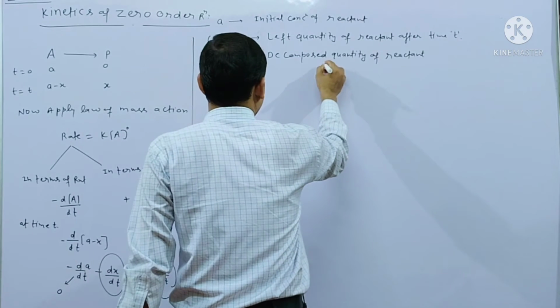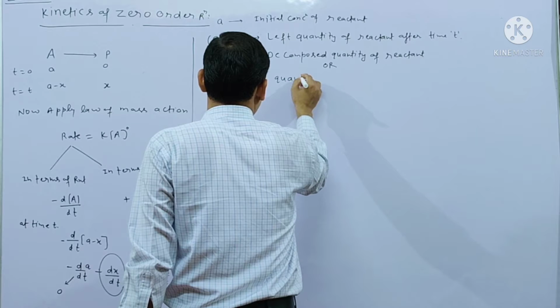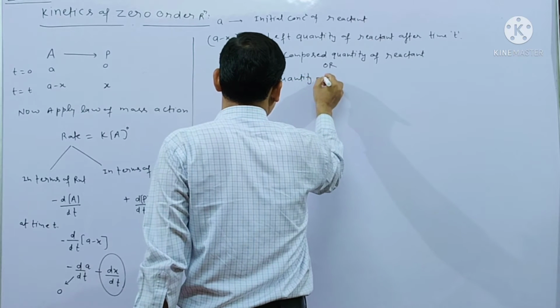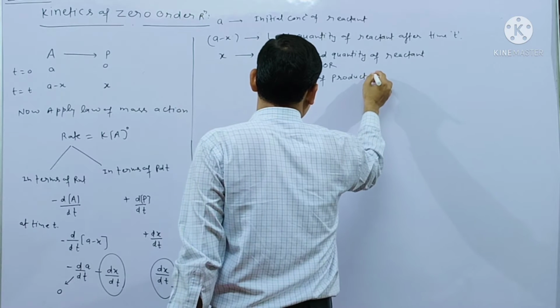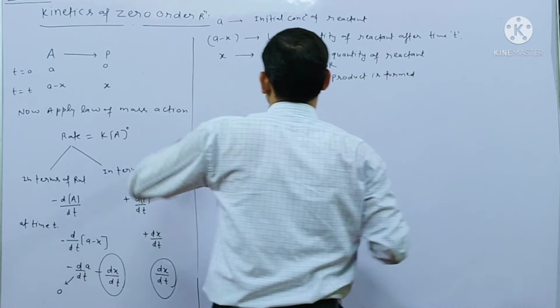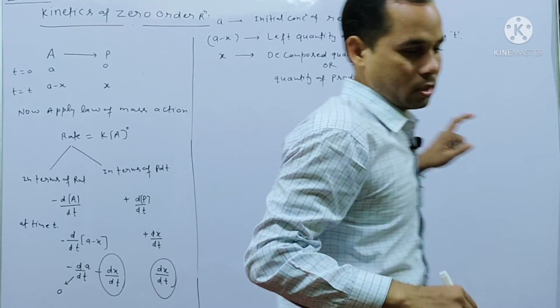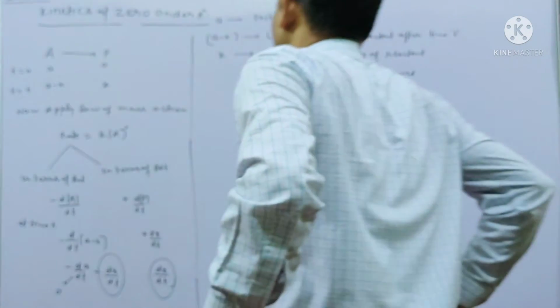Both are the same. So these terms, A minus x and x, are very important, because we need them when we solve numericals. Always keep in mind that they are the important terms, right?